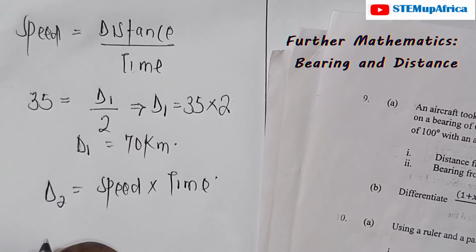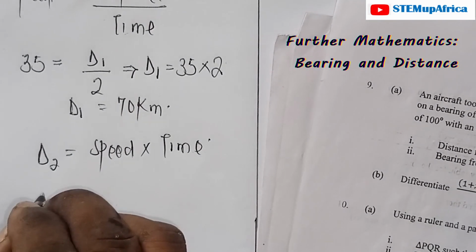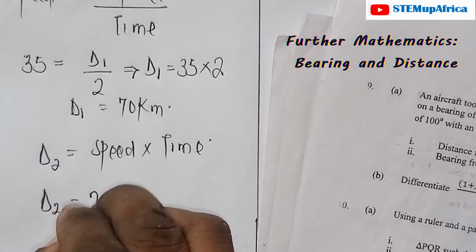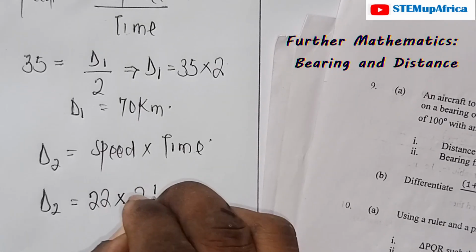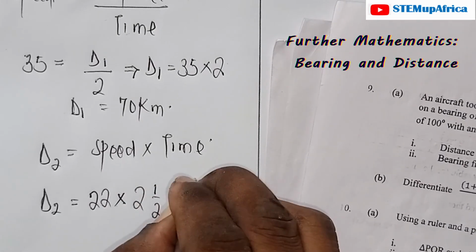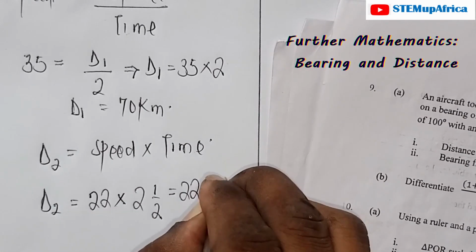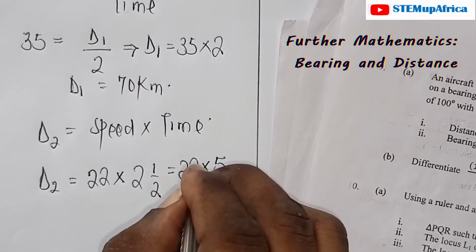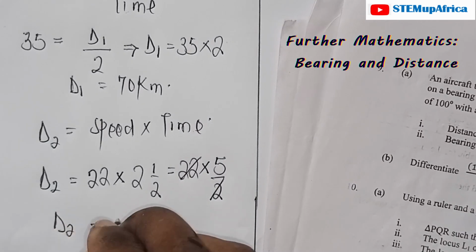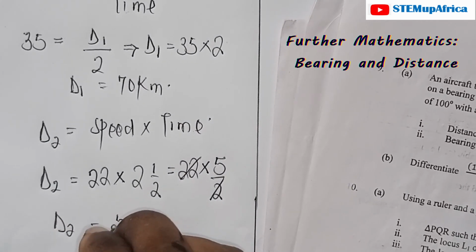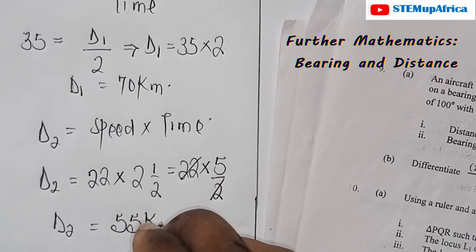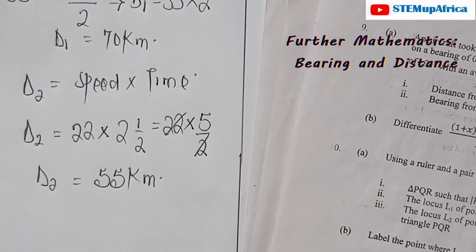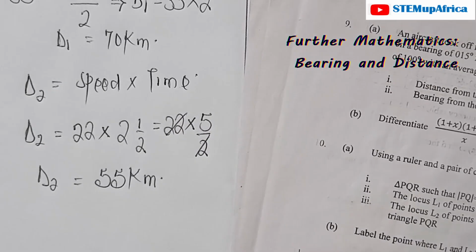So my d2 will give us 22, which is the speed, times 2.5. This can be written as 22 times 5/2 as our distance. This can cancel this. So my second distance d2 is simply 55 kilometers.